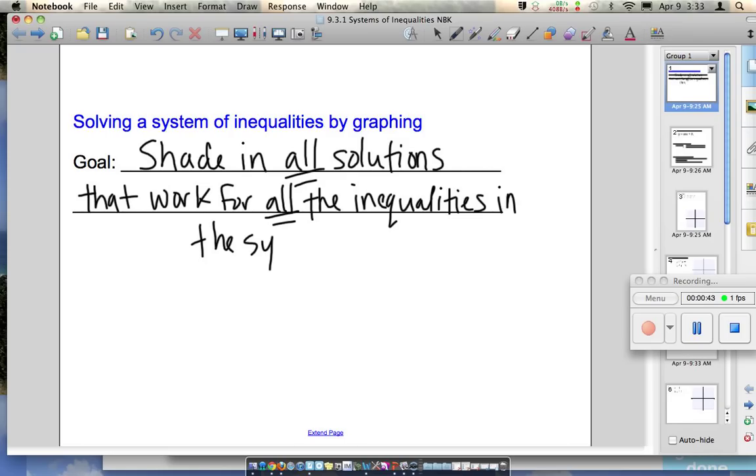So really, the graph describes all the solutions by shading them in. We're coloring where the solutions are.